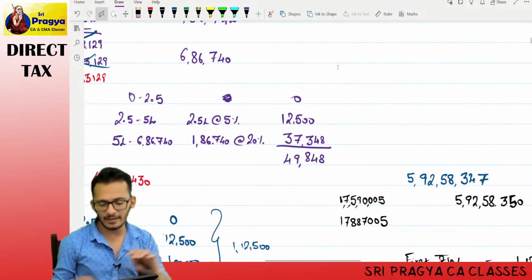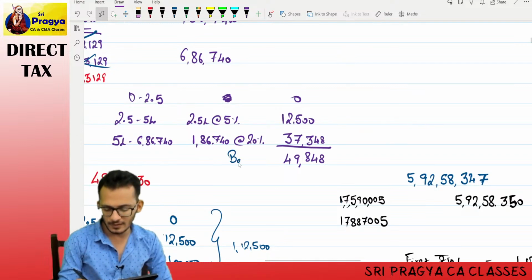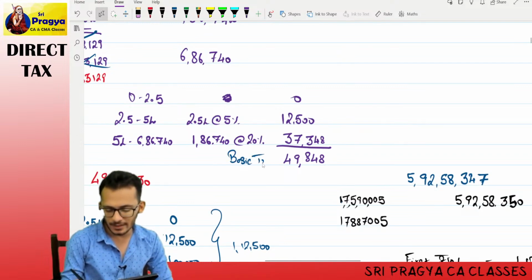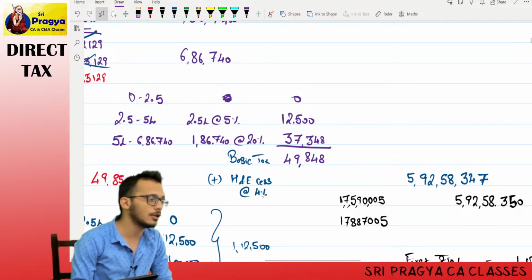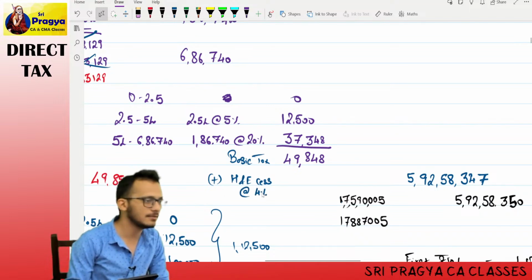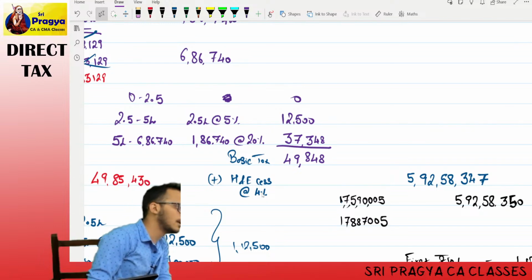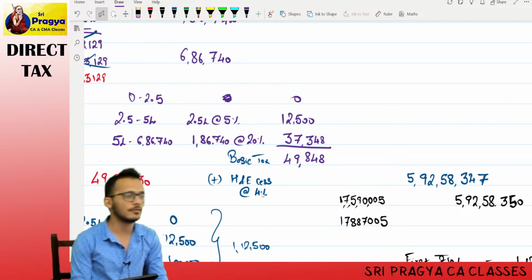The only thing which I have is basic tax, which was 49,848. On this you will now add HND cess at the rate of 4%. Can I use short forms? Yes, HND is permitted.